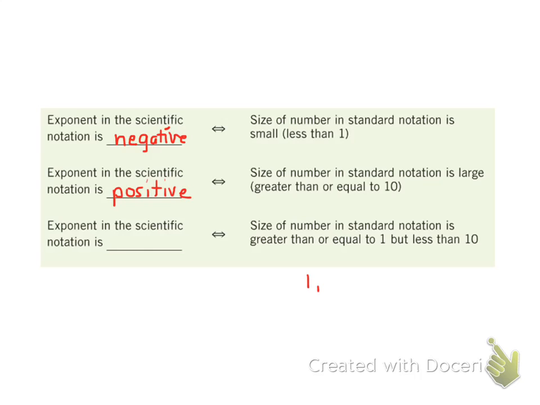So maybe we have 1.05. What would the exponent be on the 10? In this case, we would not have to move the decimal point, correct? What would the exponent be?